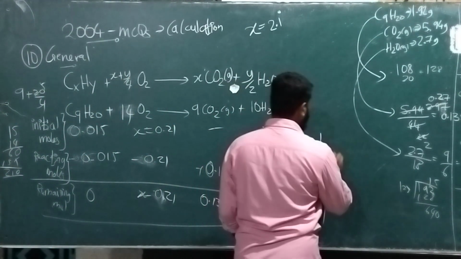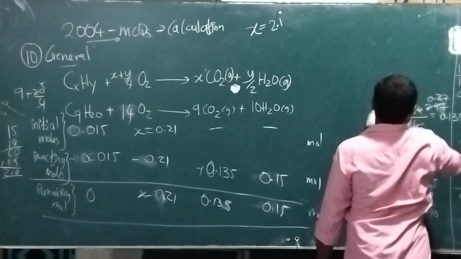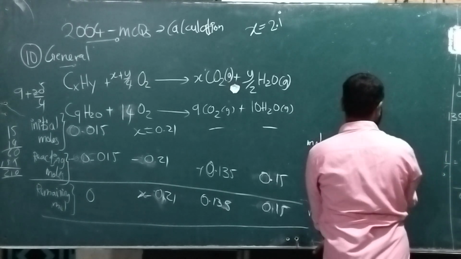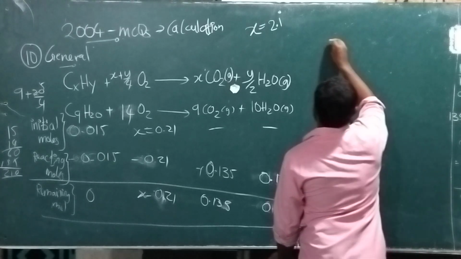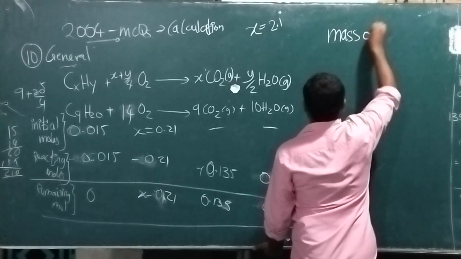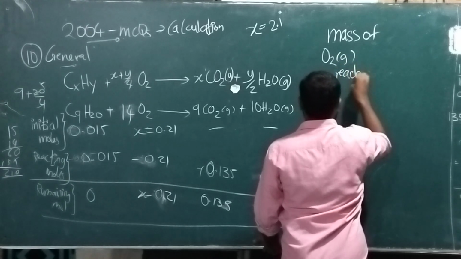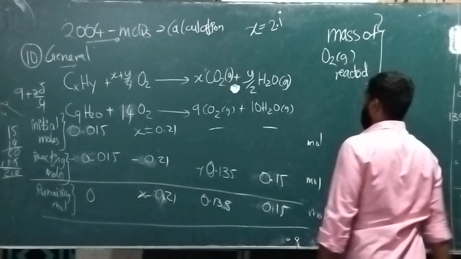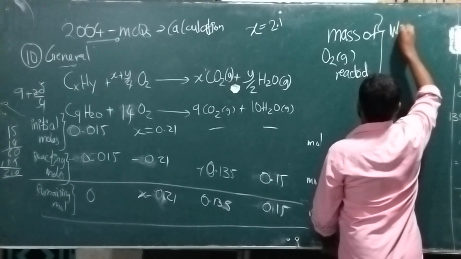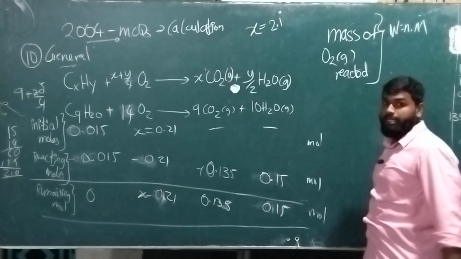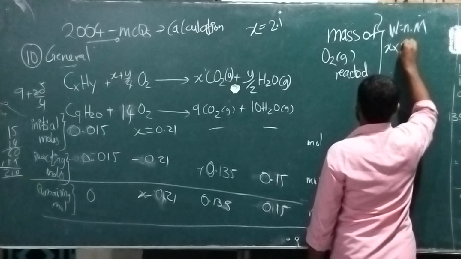So mass of oxygen reacted. Okay, bear with me for a second. Mass of oxygen gas reacted is equal to W, which is equal to number of moles into the relative molecular mass. So x into 32 grams per mole.